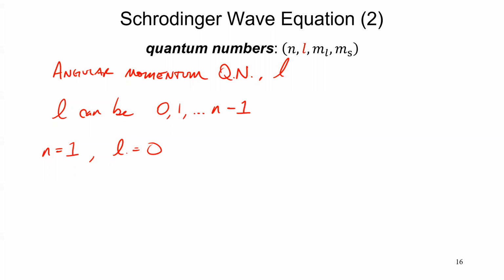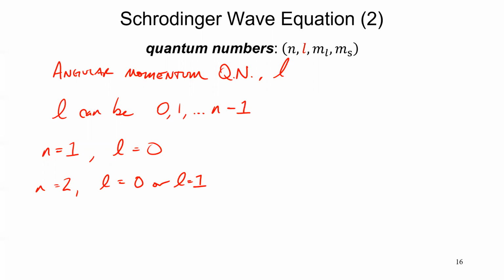Yeah, that's the only possible value for L. If n equals 2, what are the possible values for L? 0 or 1. Yeah, that's right, 0 or 1. And it goes on up like that for the different values of n.